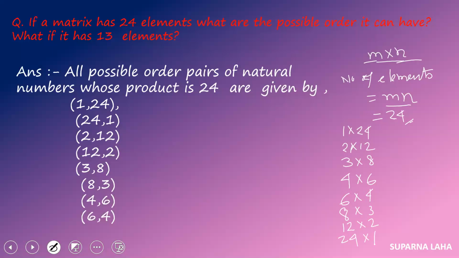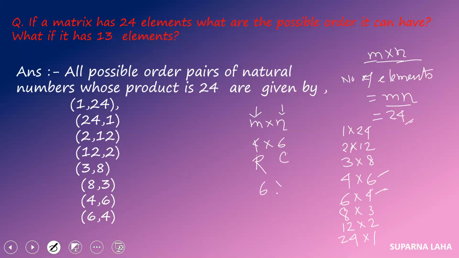Now look, this 6 cross 4 and 4 cross 6, these two representations are the same or not? So we know that if I represent like m cross n, that means the first one is representing the row and the second one is representing the column. So what do you mean by 4 cross 6? That is 4 rows and 6 columns.